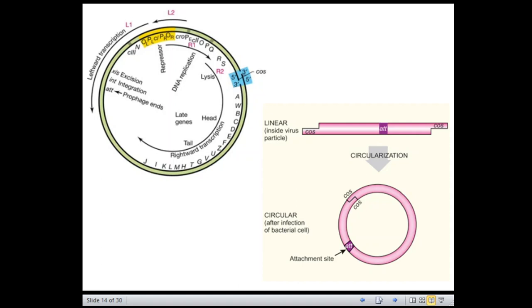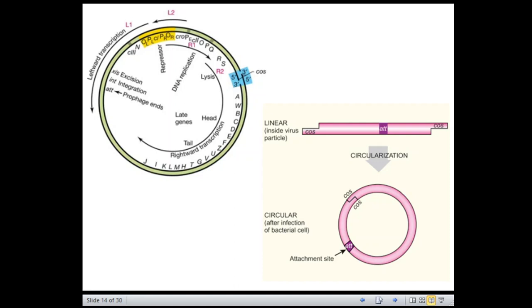So for the cloning of long DNA fragments, say up to approximately 25 kilobase pair, much of the non-essential lambda DNA that codes for the lysogenic life cycle is removed and replaced by the foreign DNA insert. Right?